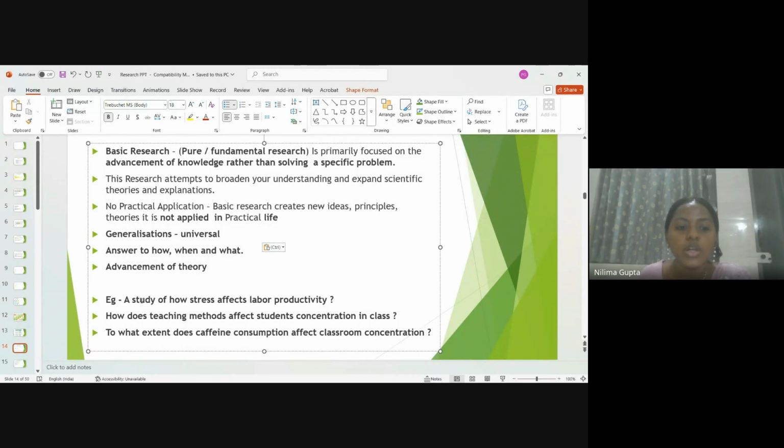Now, for example, a study of how stress affects labor productivity, or how a teaching method affects the students' concentration in the class. Here we are just understanding what teaching methods are available, be it the social inquiry method, or the lecture cum presentation method, or a discussion method.